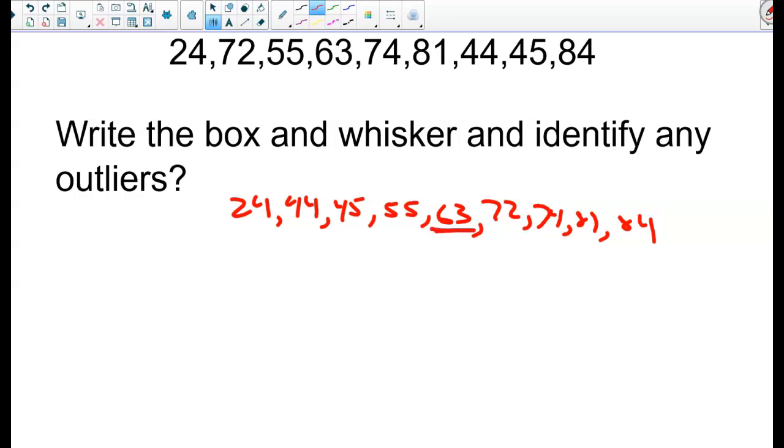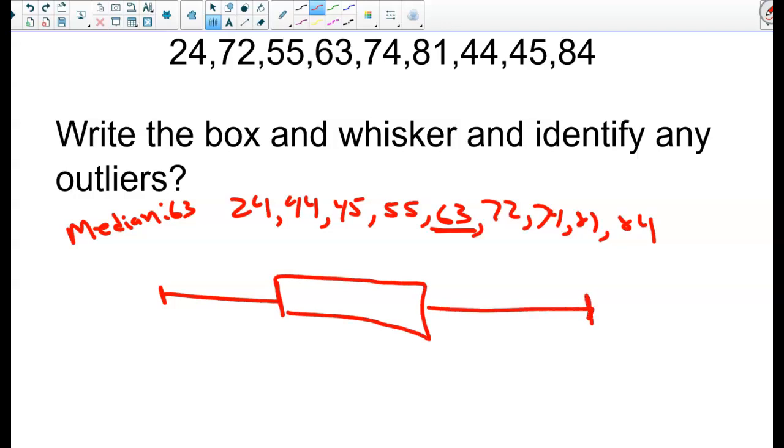My median is 63. I don't write it down first. What I usually write down first are my extremes, my lowest and my highest, 24 and 84. My median is what I'm going to put down last after I do the quartiles.